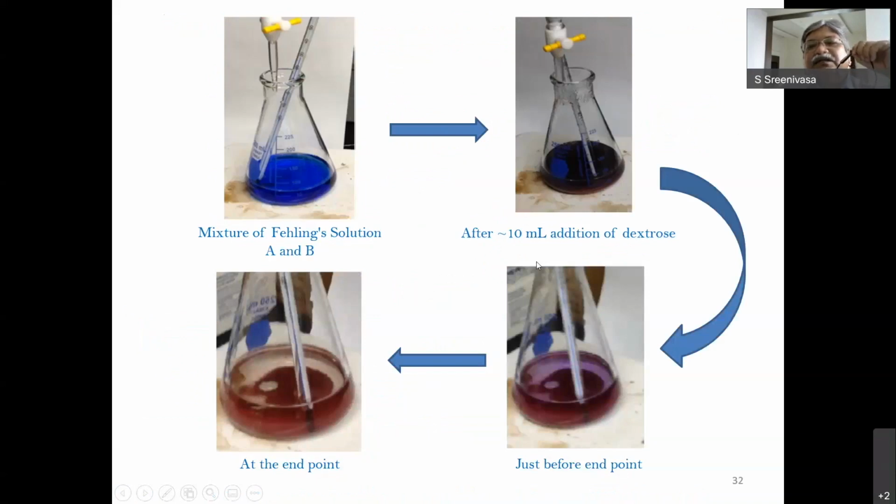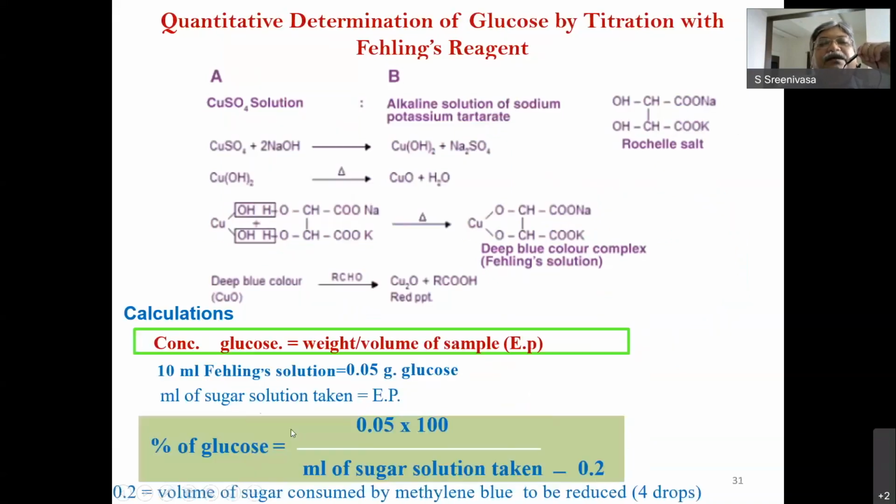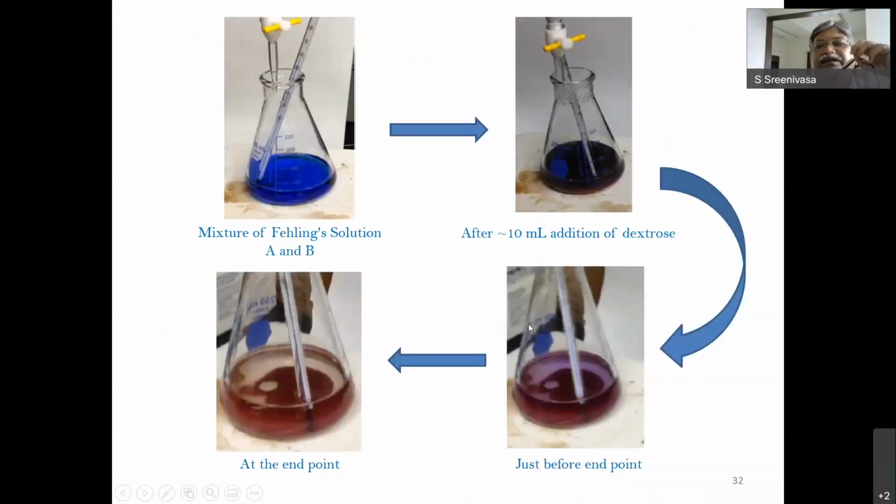A mixture of Fehling's solution A and B, 10 ml, is taken, dextrose sugar is added to it, and just before the endpoint, titration is carried out. 10 ml of Fehling's solution is equal to 0.05 grams of glucose. So the amount of Fehling's solution consumed can be calculated, and based on that, we can calculate the amount of sugar present.